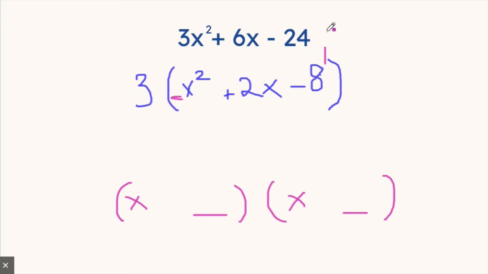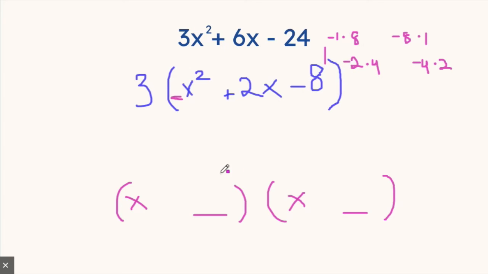The first multiple, in this case, is -8, so -1 times 8, or -8 times 1, both equal to -8. It can also be -2 times 4, or -4 times 2, both also equal to -8. And these are the multiples of -8. These 4 are the possible options.